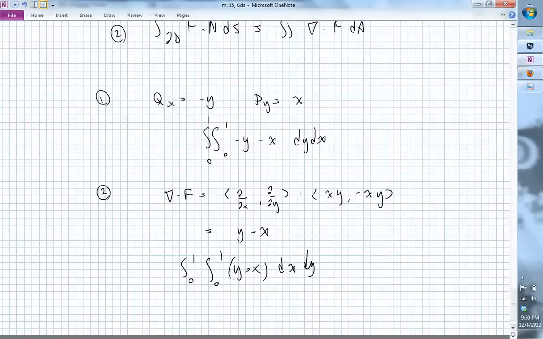Especially when you're dealing with constant limits of integration like this, just memorize those formulas and you'll be okay. Or even better, see how they flow from Green's theorem.